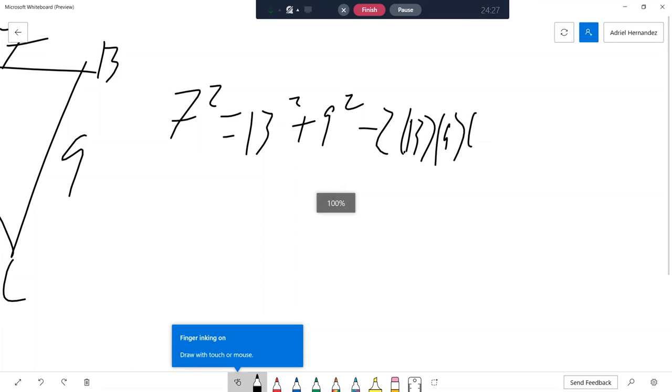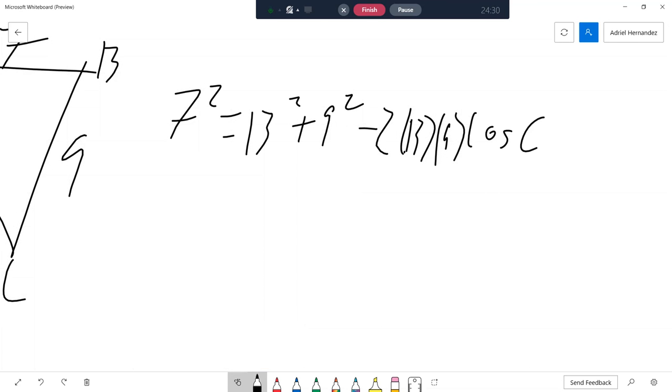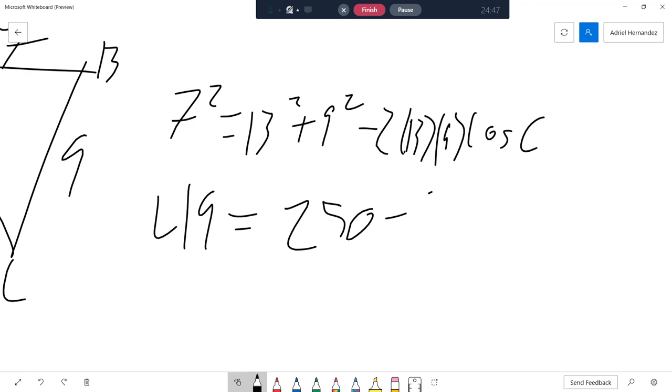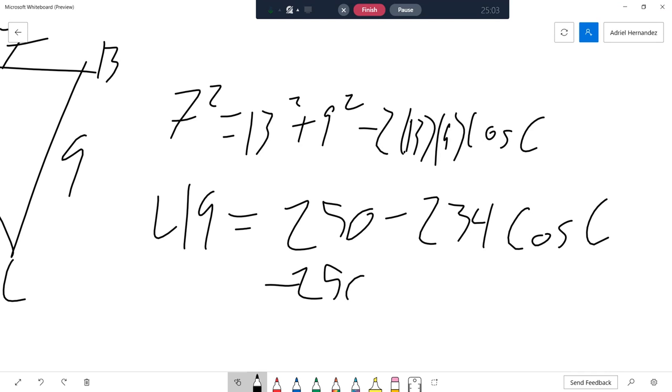Times cosine of C. And you get 49 equals 250 minus 234 cosine of C. And then you just subtract 250 to get the negative 234, minus 250.